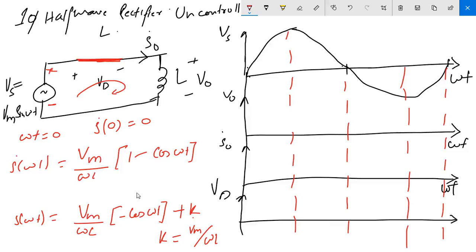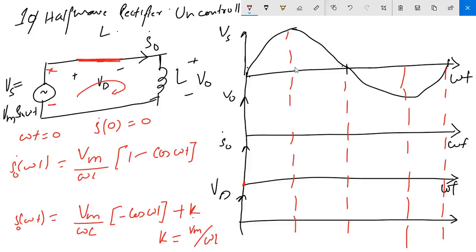Now I'm going to draw I of omega t, which is nothing but I naught of omega t. This is the output current, and the source current is also equal to the output current. At this 0 point, put the value 0 here, cos 0 is 1, 1 minus 1 will be 0, so overall your point will be 0.